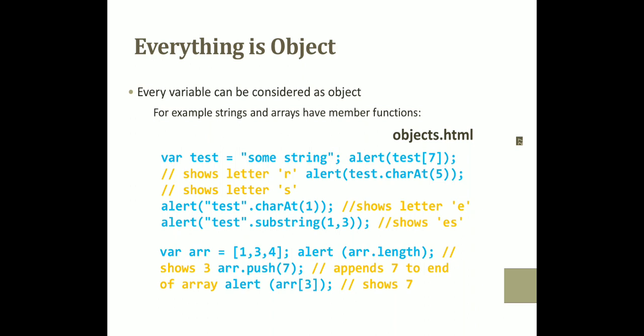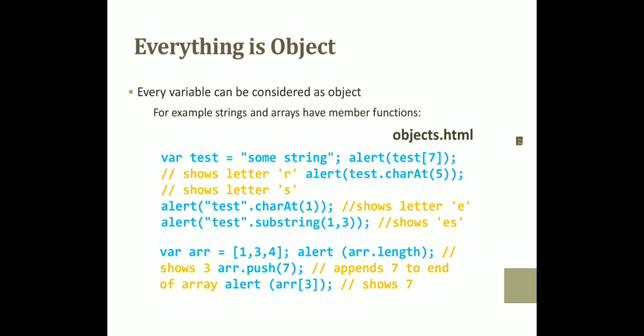Every variable can be considered as an object. Everything is an object in JavaScript. Any variable can be an object in JavaScript. For example, strings and arrays have member functions.